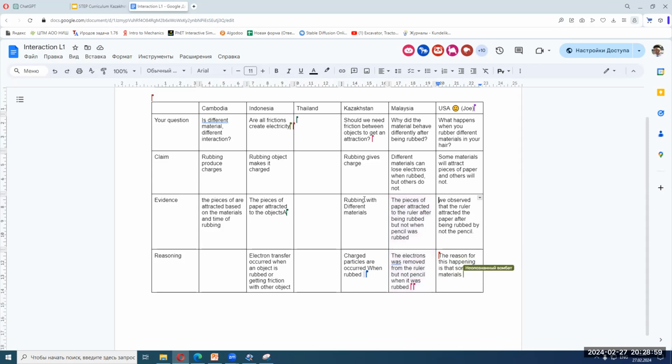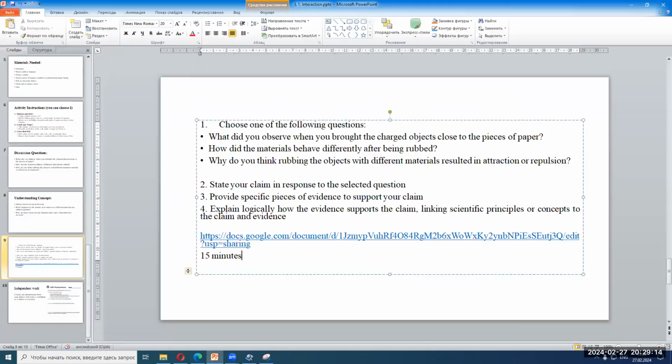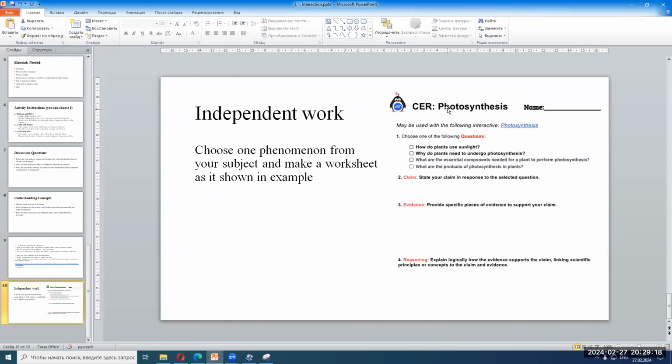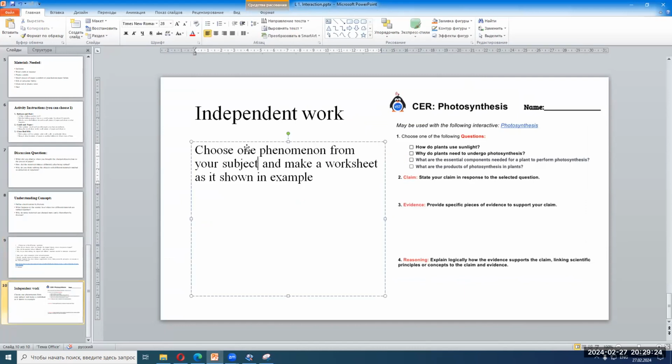After that, we can do peer assessment and give comments to each other. I will skip this part. And then there will be some independent work. For example, we found a CER worksheet for photosynthesis. The independent work will be to choose one phenomenon from their subject.